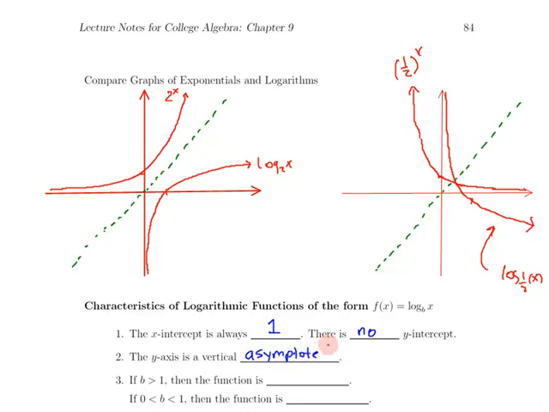That term we've used once before, and here it just means that the curve will get closer and closer to that line but never actually cross it. Now if the base is bigger than 1, then the function is increasing as we go from left to right. For example, log base 2 of x, as I move from left to right, it's going uphill. But if b is still positive but less than 1, it's going to be decreasing as I go from left to right.